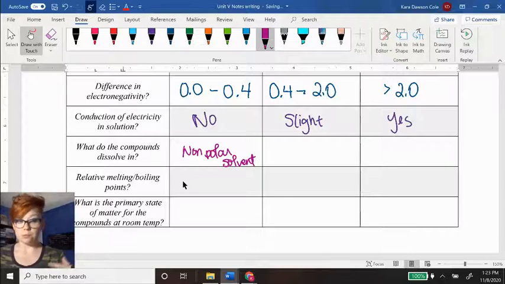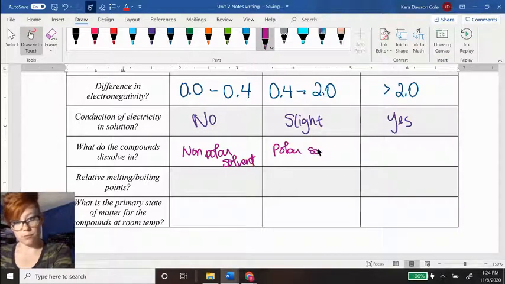So oil and water separate because water's polar and oil is nonpolar. When you have nonpolar to polar, they are not going to mix very well, whereas two nonpolar substances will mix very well. A polar compound will dissolve in a polar solvent, like water. And the same is true for an ionic compound. It has to have a polar solvent to dissolve.